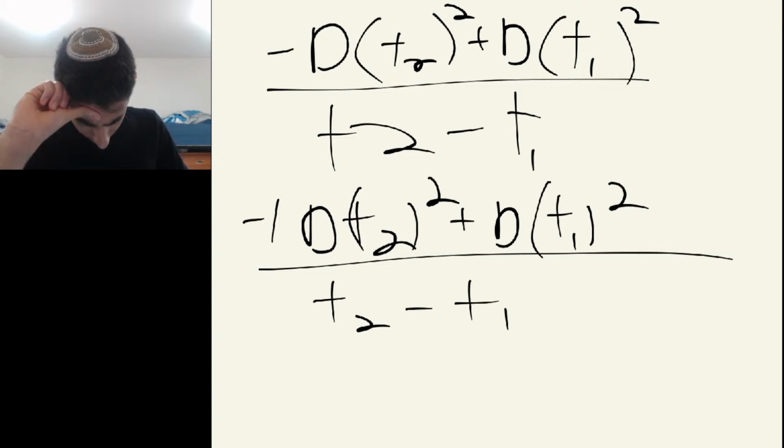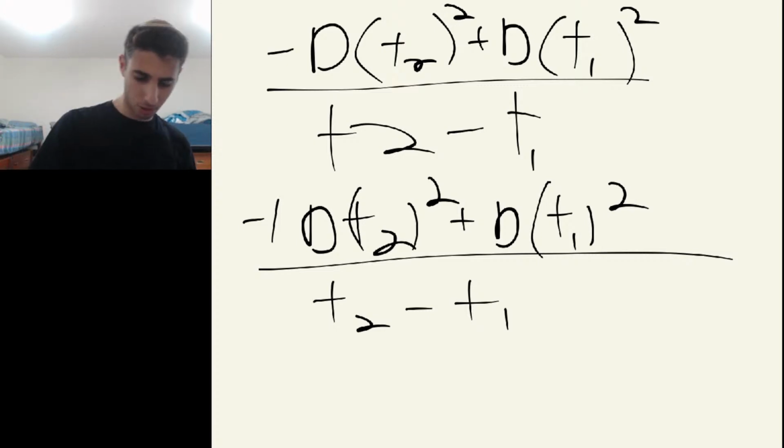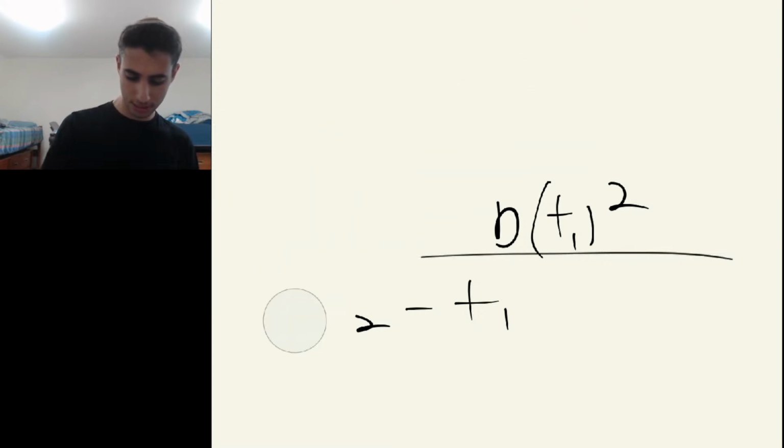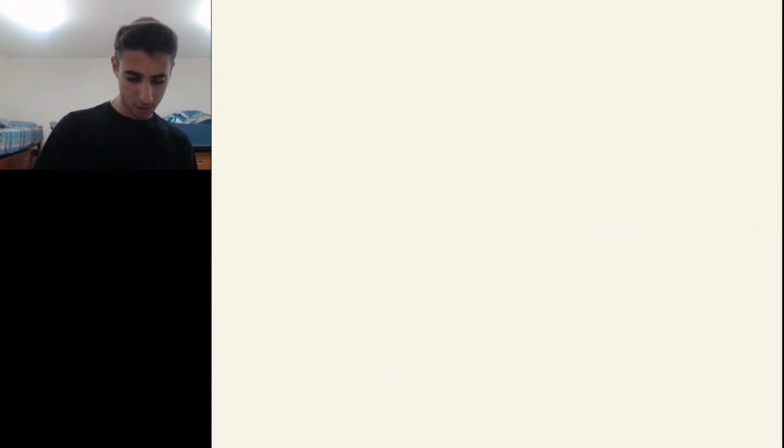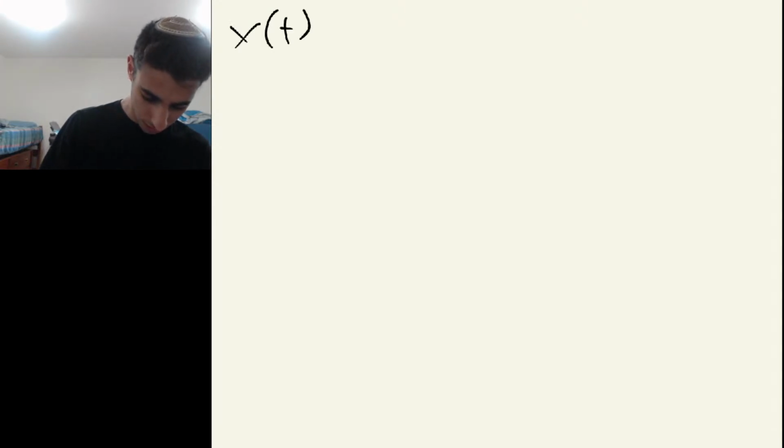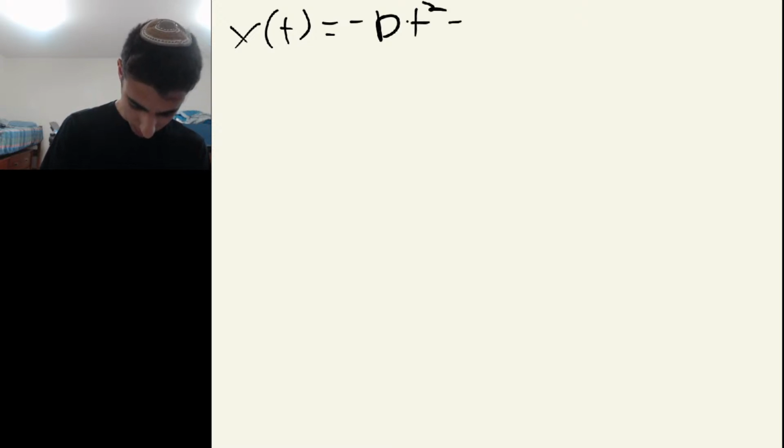Something is very wrong with my calculations here. Let's do this all over again. So we have our function x of t equals negative d t squared plus c.